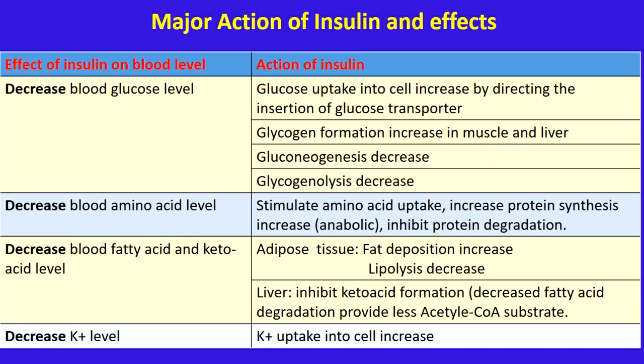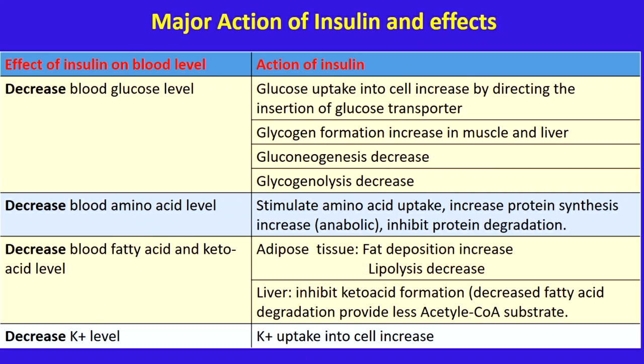Okay, so let's look at the left-hand column, right? They decrease everything, right? When the insulin is released, it reduces blood glucose level. It reduces blood amino acid level. It reduces blood fatty acid and ketone acid level. It also reduces potassium level.